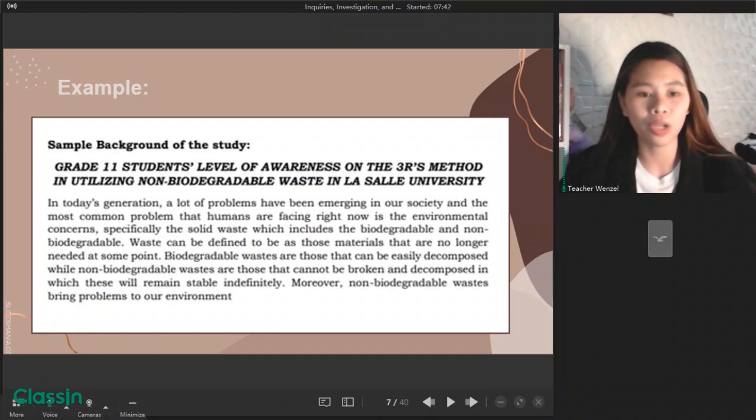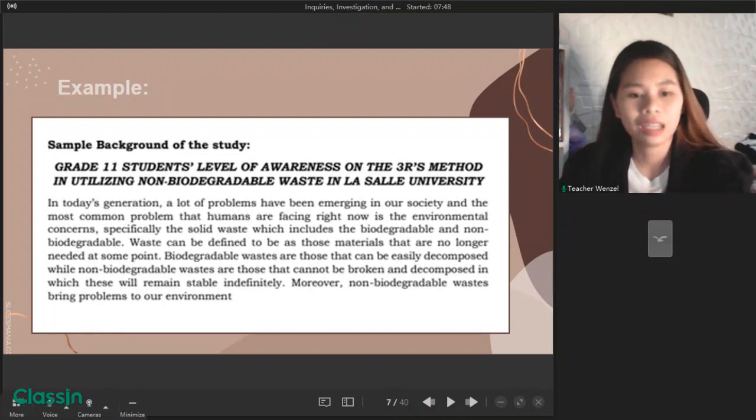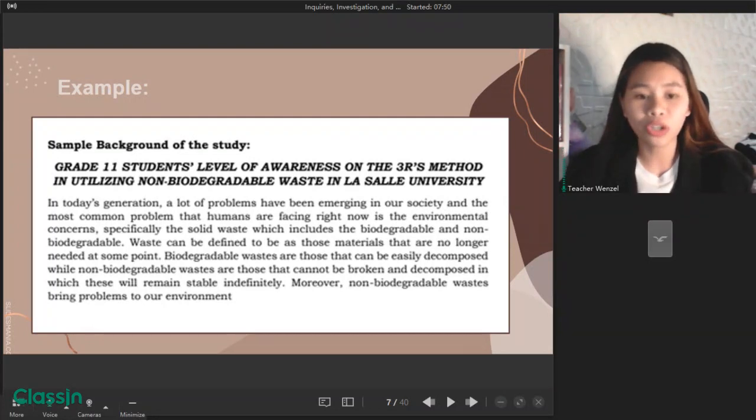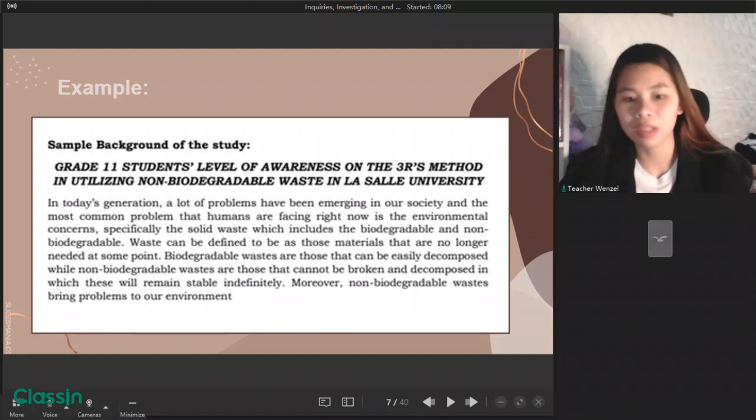So, the information or the content in the background of the study is about the problem that triggered the research topic, which is the awareness of the 3R's method. So that is the content of your background of the study. Background of the study, right?